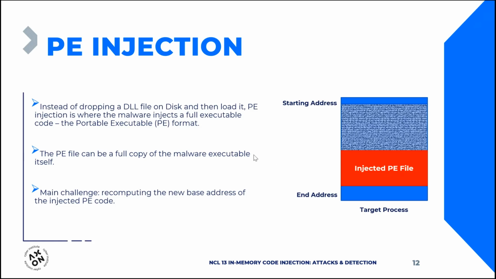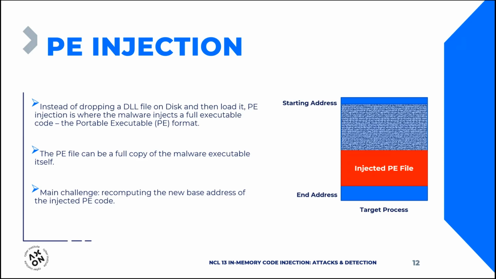However, there is a challenge with PE injection, and this challenge is the base address of the code. Whenever you have a PE, the PE has what is called the base address, and the base address is the address where it is located in memory, and then everything else is relative to that base address. So you have relative virtual addresses that are accumulating on top of the base address.